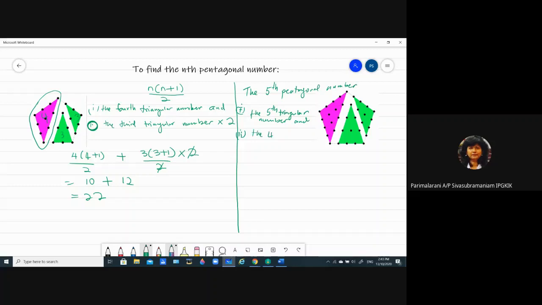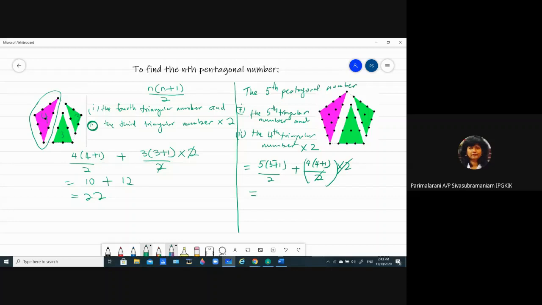And the fourth triangular number multiplied by 2. So we have the fifth triangular number is 5 times 5 plus 1 divided by 2, plus the fourth triangular number, which is 4 times 4 plus 1 divided by 2, the whole thing times by 2.